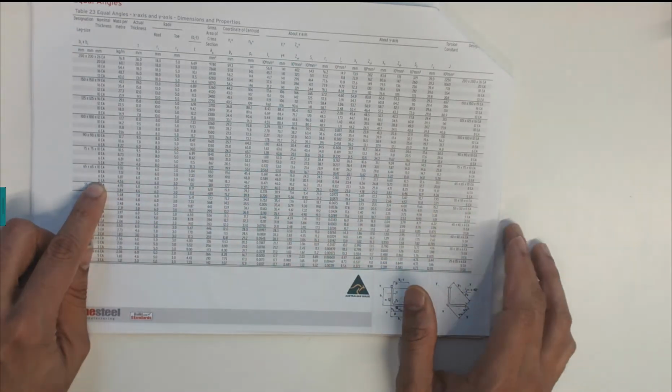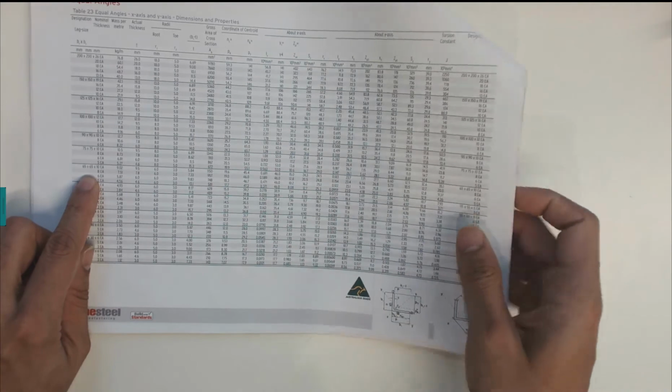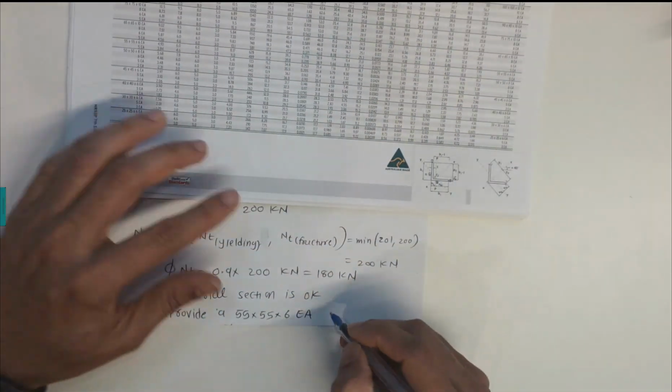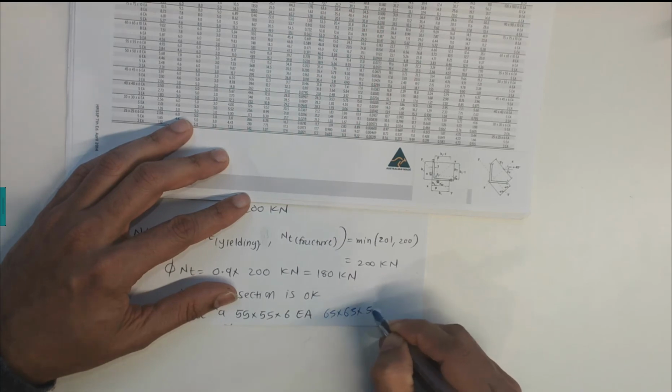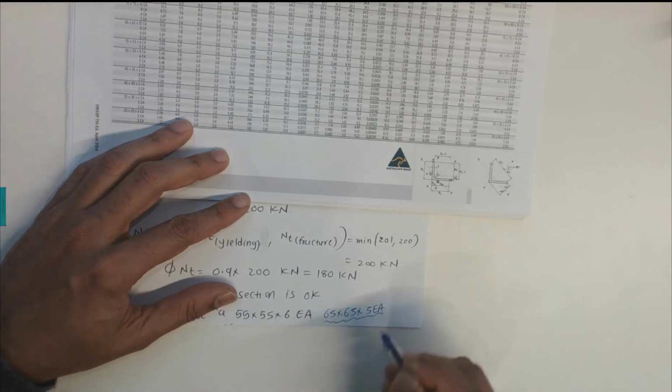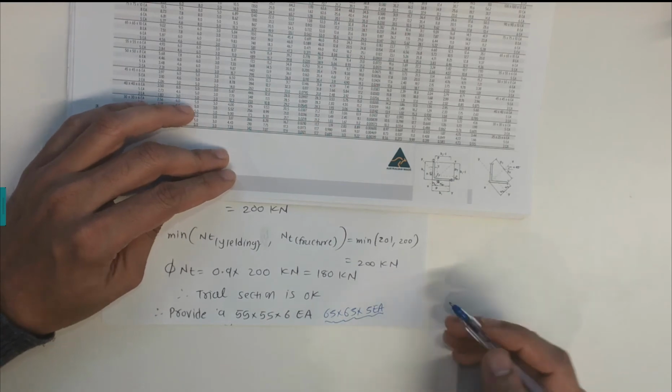That would be safer. So we might take the 65 by 5 EA to be on the safe side, which has a little bit higher capacity.